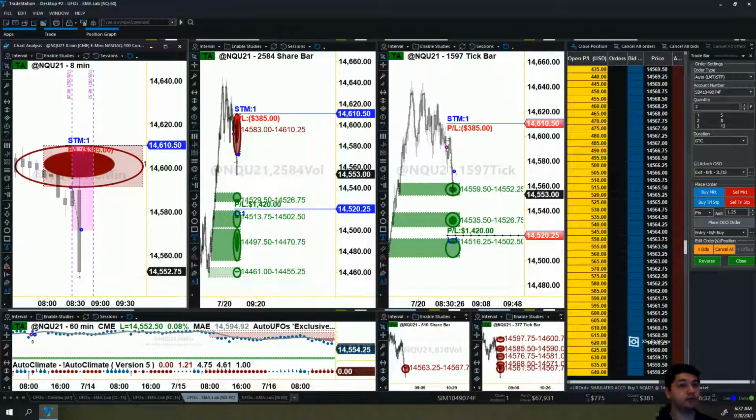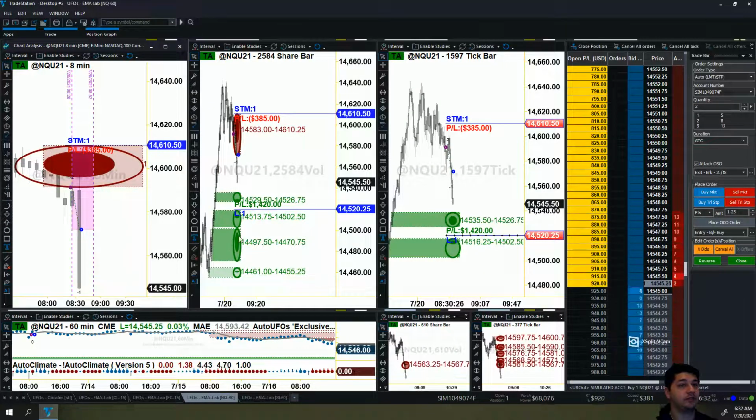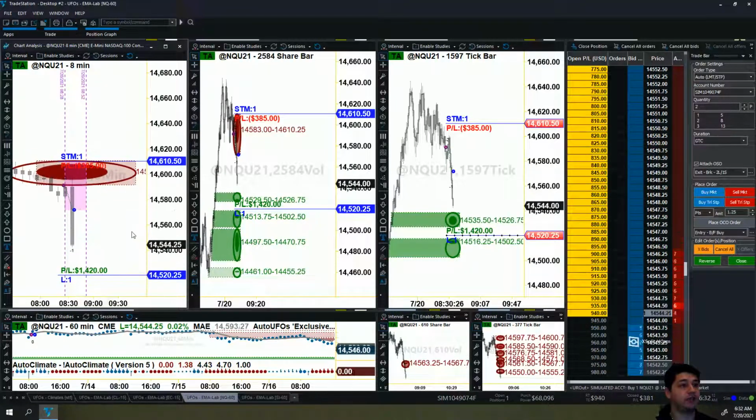Okay, so Nasdaq is definitely dropping like a rock. Something that needs to be borne in mind here. Wow, it's actually heading quite fast.